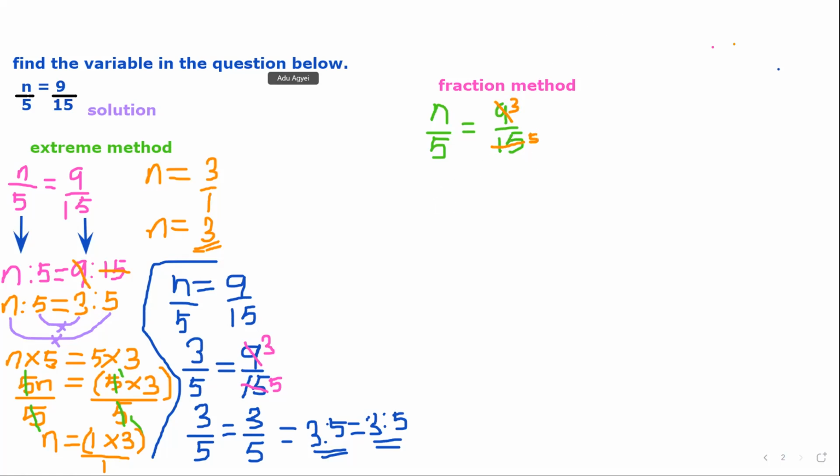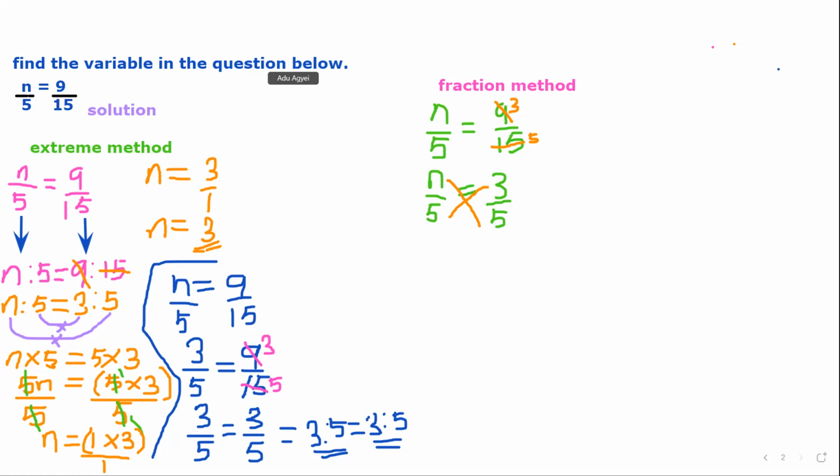So our new question will be n over 5 equal to, this time not 9 over 15, but 3 over 5. Okay, then you do your cross multiplication, where the numerator of one side will multiply the denominator of the other side, and then must be equal to the multiplication of the denominator of this side against the numerator of this side.